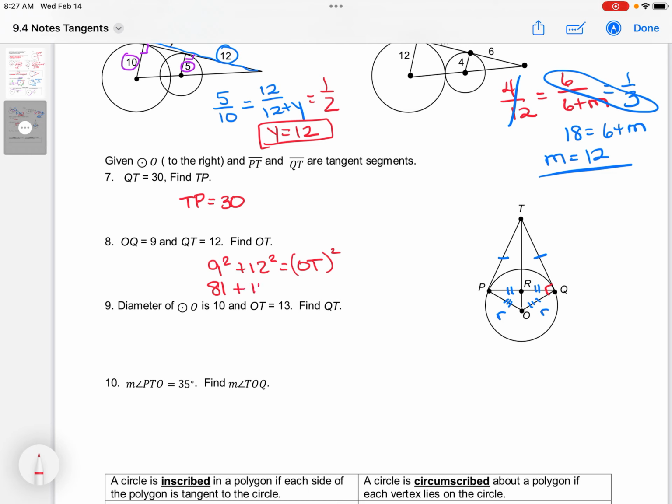So we have 81 plus 144 equals 225. So OT is the square root of 225, which is 15.